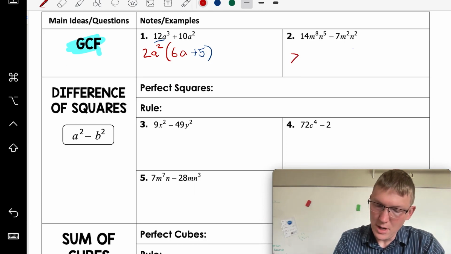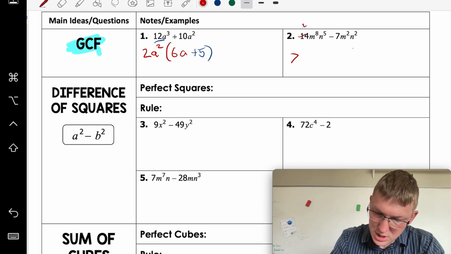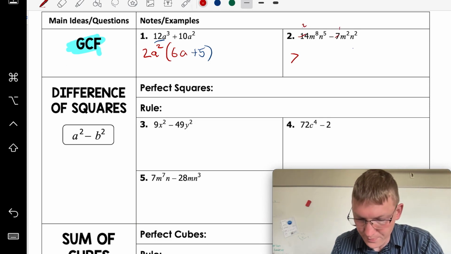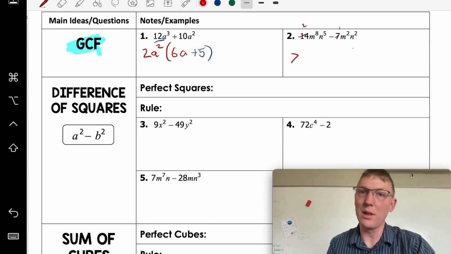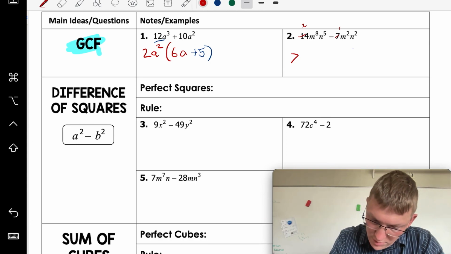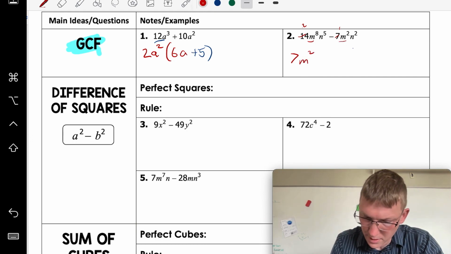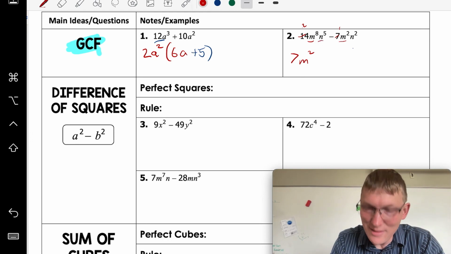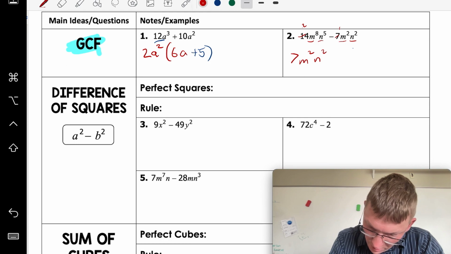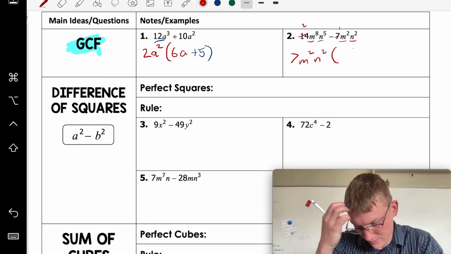Then that's going to be a 2, and that's going to be a 1. Now I'm looking at letters. What letters do they have in common? This one has a lot of M's, this one has 2 M's, so we can pull an M squared out. Again, a lot of N's, as in November, and 2 N's, so we're going to pull an N squared out.